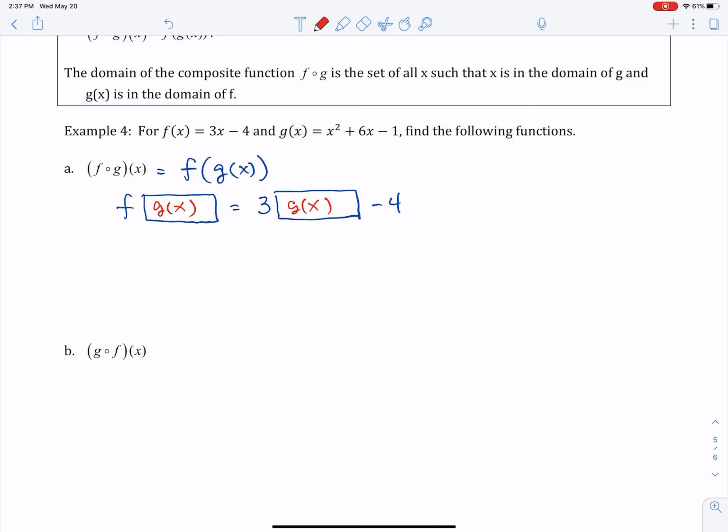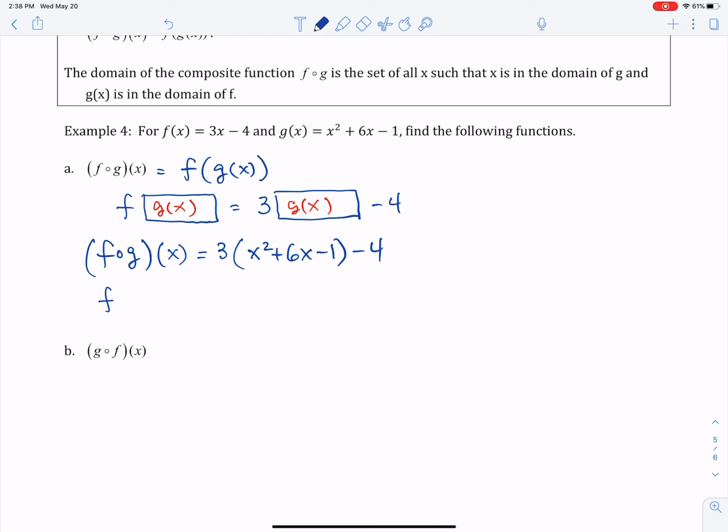Well, g of x is x squared plus 6x minus 1. So the composition f of g of x is going to look like 3 times the function g, and the function g is x squared plus 6x minus 1, minus 4.